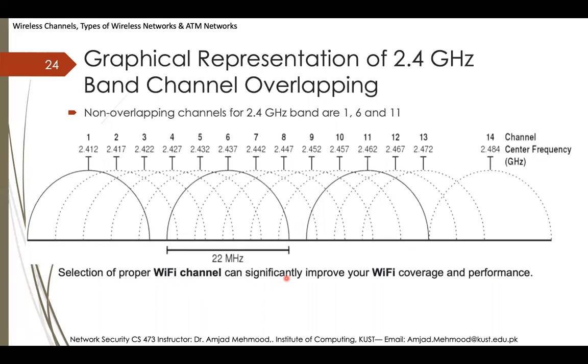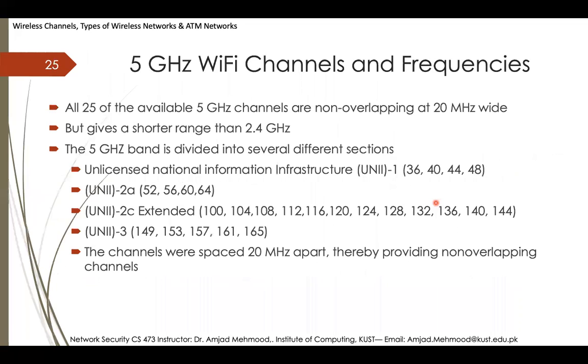So this can affect both your coverage and performance. So it is very important which channel you are selecting. The rest of the channels are overlapped channels, but channel number 1, channel number 6, and channel number 11 are non-overlapped channels.